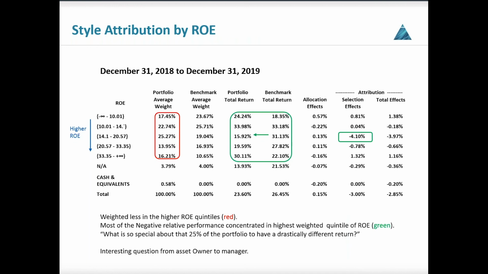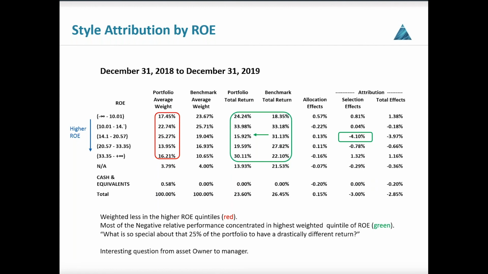We can look at it by return on equity. Again, this is sort of a quality factor just to see how the fund may do. If you look at the average weights of the portfolio, you can see that the highest weighted one is the middle ROE quintile, not either end, not low ROE or not high ROE.